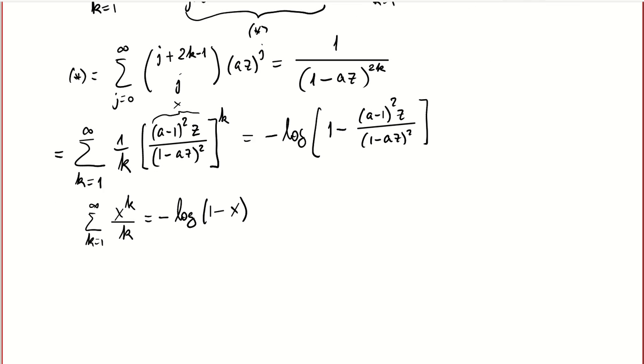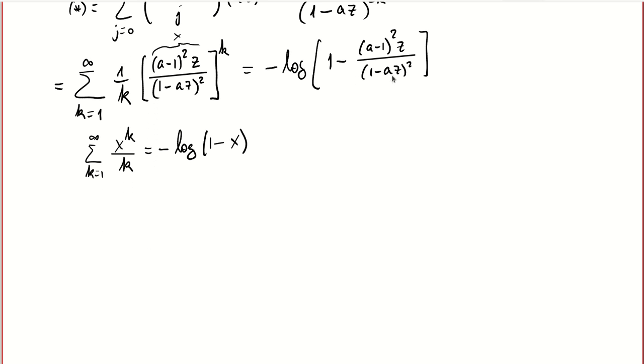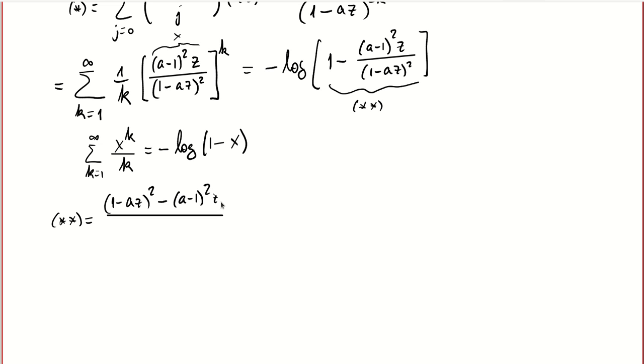We're going now to simplify this a little bit, because in this form it is very difficult to make any expansion in powers of z. So let me try to simplify this if possible. We have this term there, and that is equal to, reducing to a common denominator, 1 minus az squared minus a minus 1 squared z, and in the denominator we have 1 minus az squared.